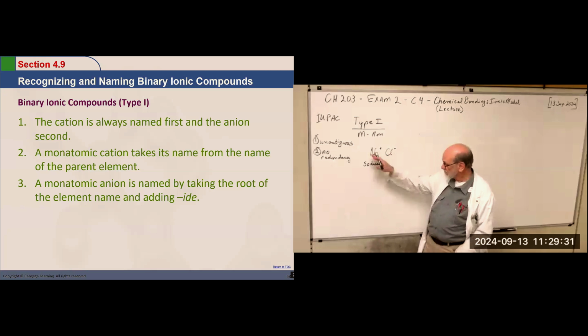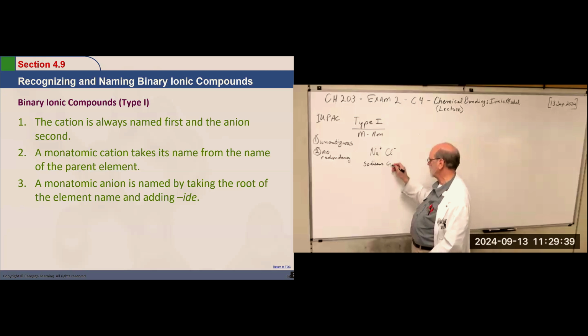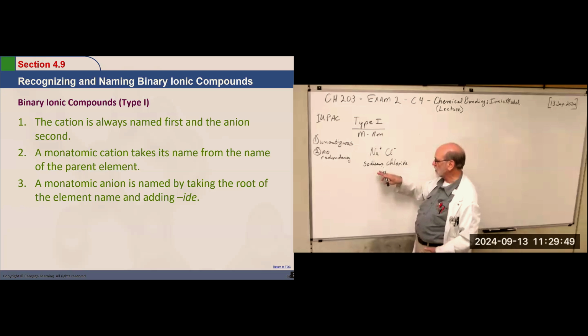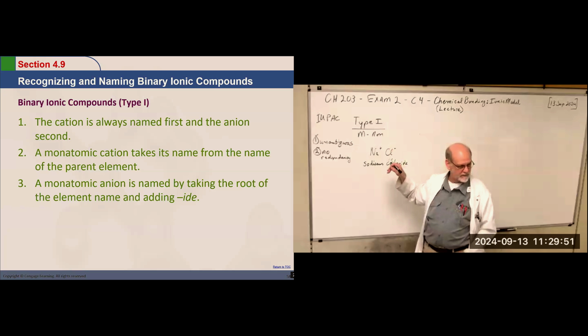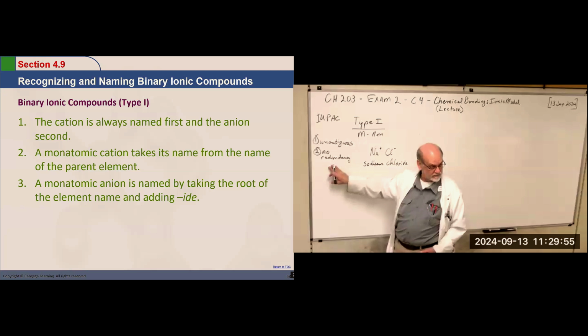We just say the metal, just say the element name, and then we change the ending for the chlorine to IDE. Okay, sodium chloride. That's the name of that compound. You don't have to add anything to it. We don't have to say that sodium is a 1+ charge somehow, right? Because it's fixed, right? That would be redundant.